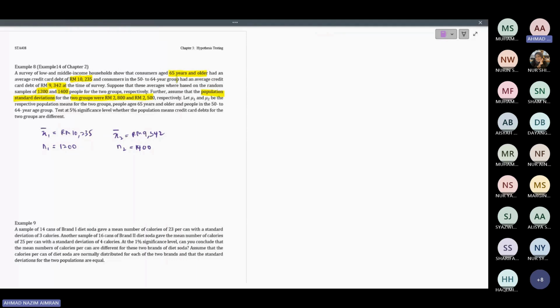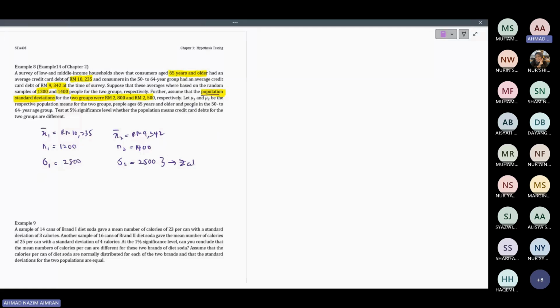These two are the population standard deviations. From this information, you already know that you need to use Z calculated, because the population standard deviation is given.